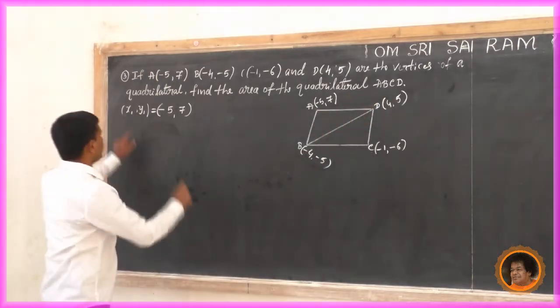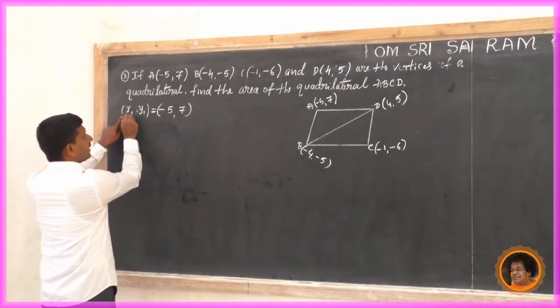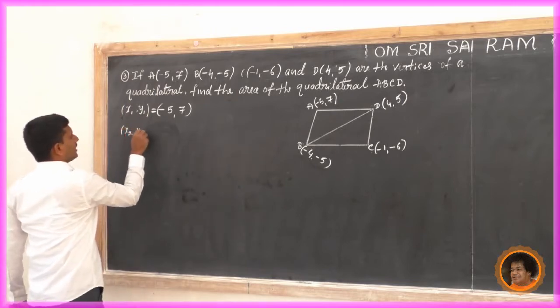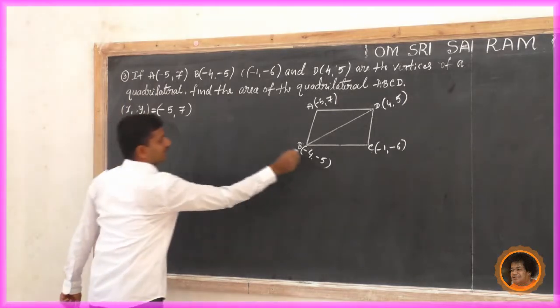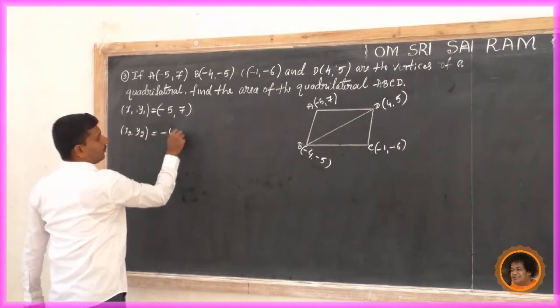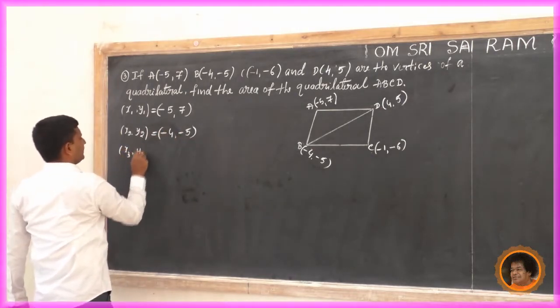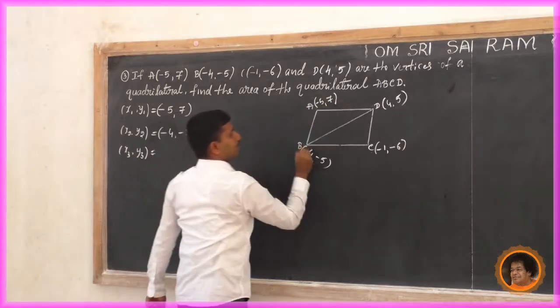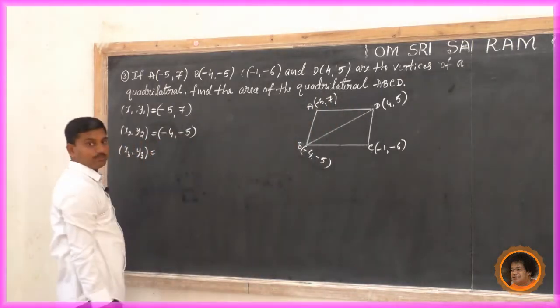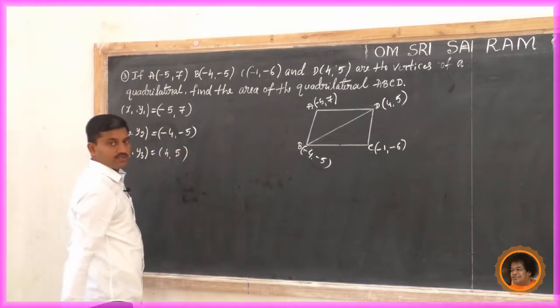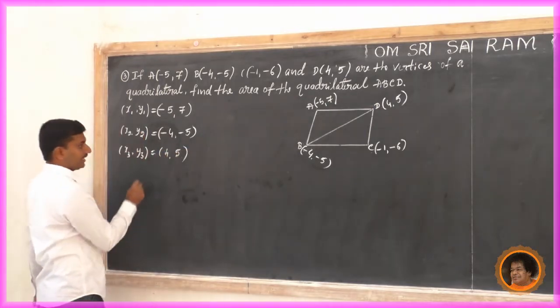X1 Y1 is A, X2 Y2 is the coordinates of the point B, minus 4, minus 5, and X3 Y3 is the coordinates of the point D, 4, 5. Now find the area of the triangle ABD.